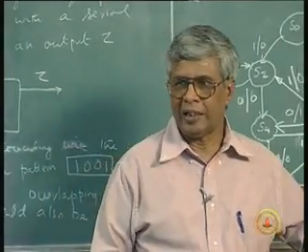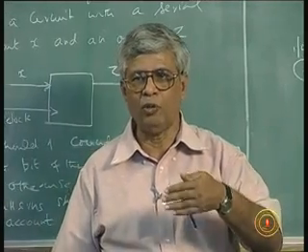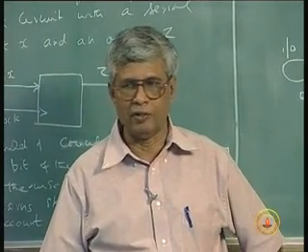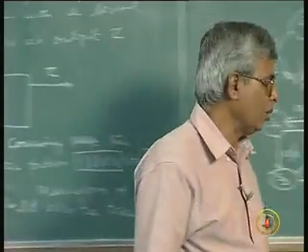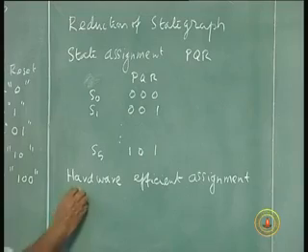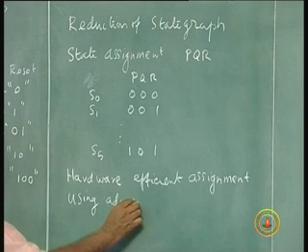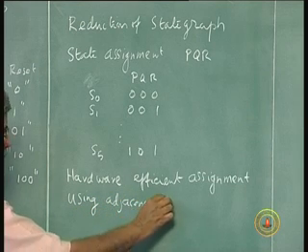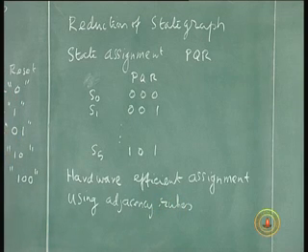Like that in binary assignment also, adjacent states are the states which differ in only one value of the state variable, other state variables being the same. So use some adjacency rules. This is also possible. These are steps to reduce the hardware.